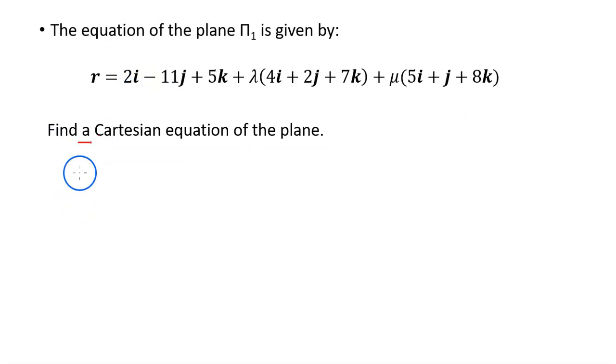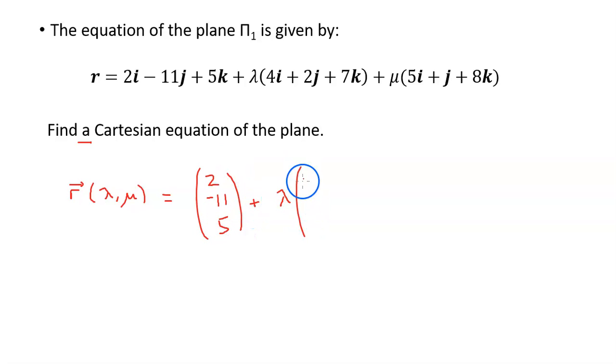So I'm going to write it in a slightly different form, just because that's the one I prefer. So r of lambda, mu is equal to (2, -11, 5) plus lambda times (4, 2, 7) plus mu times (5, 1, 8).